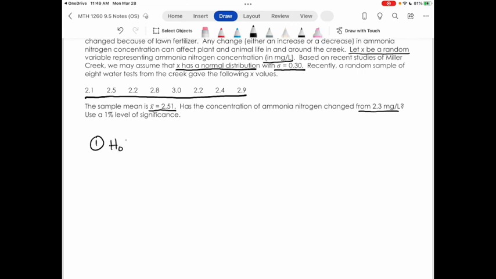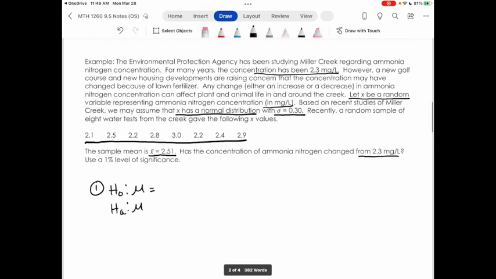So the first step is we need to determine what the null hypothesis and the alternative hypothesis is. So we're going to write down what those are. Now we're checking the means of the nitrogen level, so we're using mu's. Now in the past, traditionally it has been 2.3 milligrams per liter.